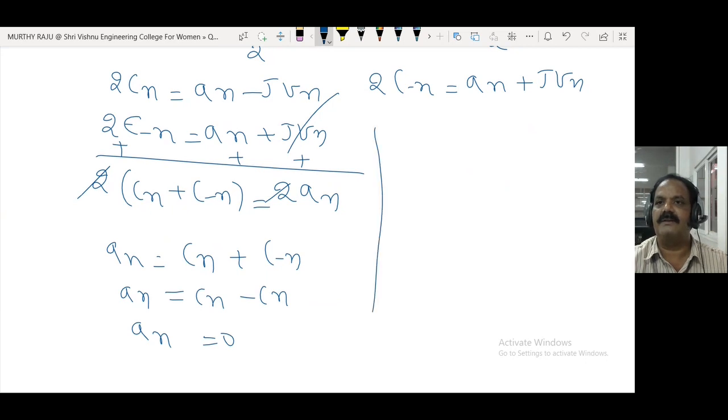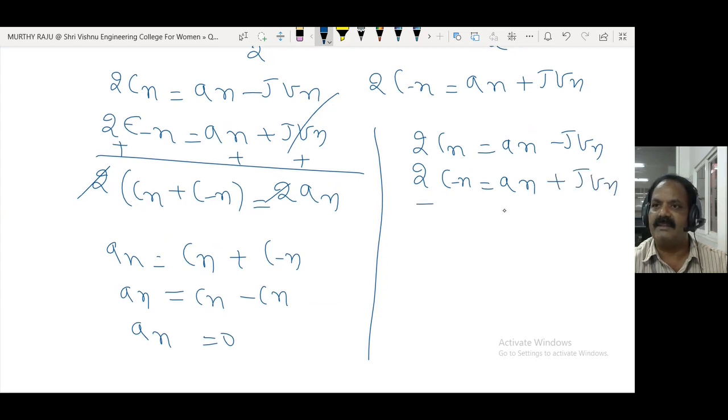And coming to this one, 2Cn is equal to An minus jbn, and 2C minus n is equal to An plus jbn. Subtract these two: 2 into Cn minus C minus n is equal to An cancels, minus 2j bn.